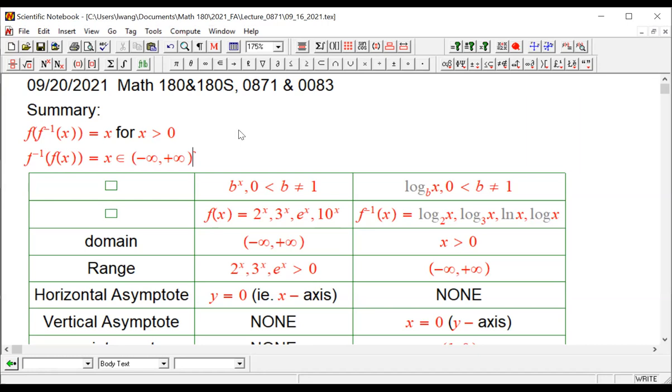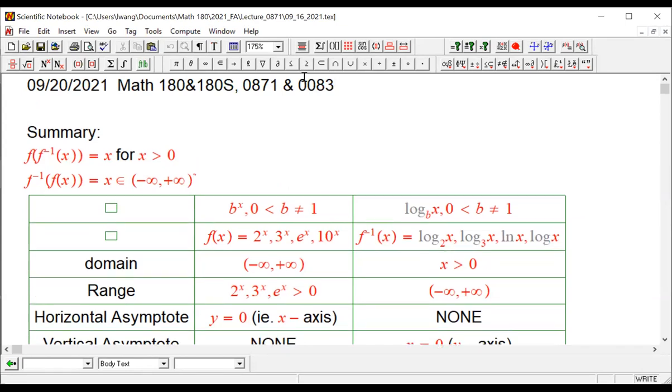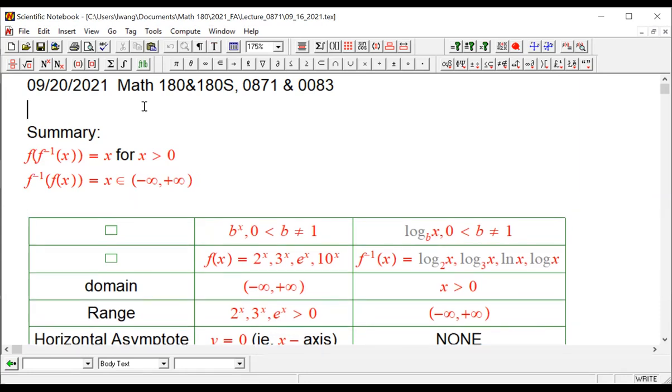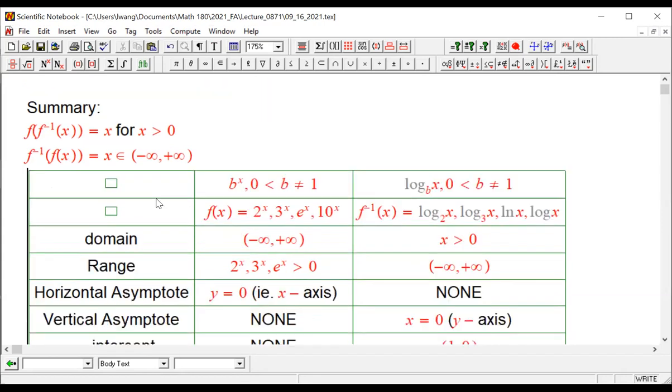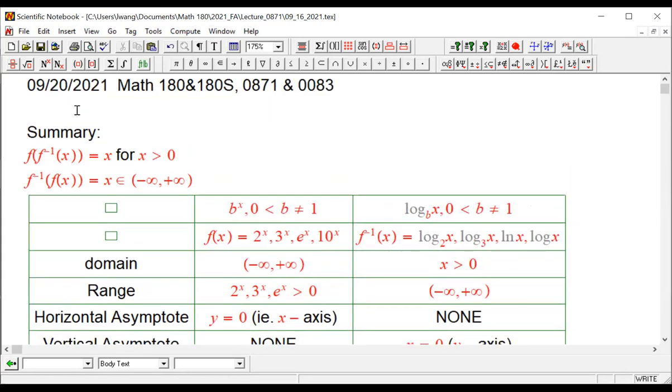So as a result of this, something interesting happens. I want you guys to look at the log 3. Could you guys find log 3?